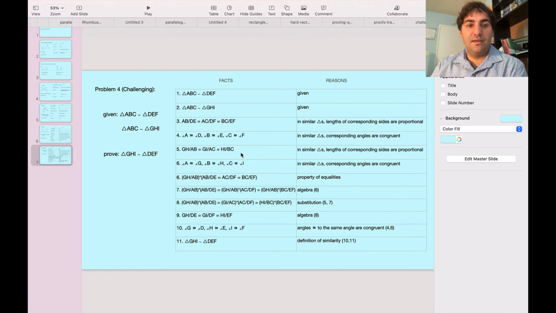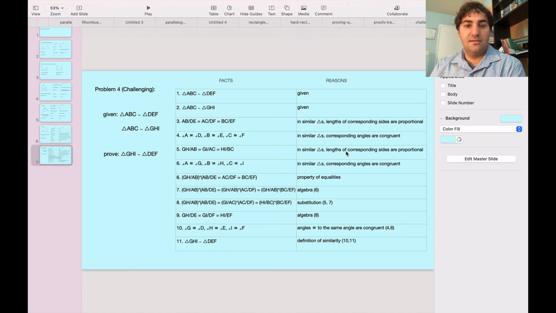I'm going to do the same thing to our second relation here. So GH divided by AB is going to be equal to GI divided by AC, which is equal to HI divided by BC.